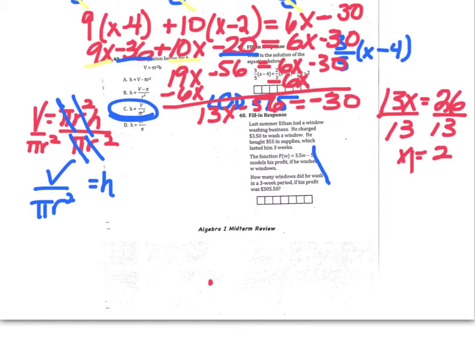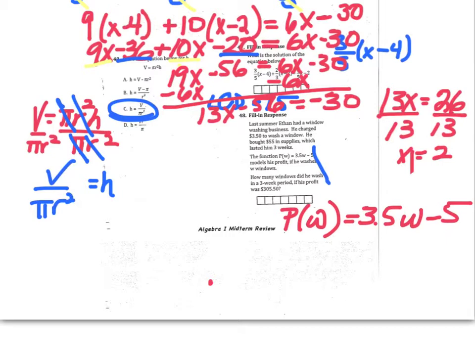It says he washes W windows. So I know that W is the number of windows, and that's what they're asking me to find. So I'm not going to be substituting in for W. They tell me his profit is 305.50. Well, the profit is given by P of W. So P of W is equal to 3.5W minus 5.